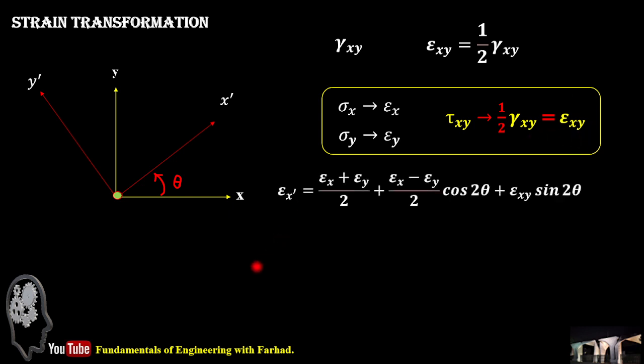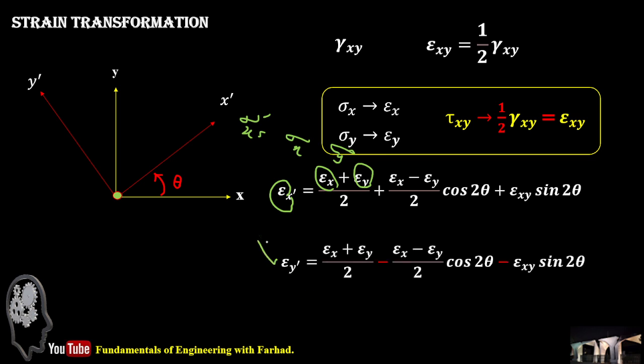And likewise, like a stress transformation, we do have epsilon prime x coming from a completely similar equation, but don't forget to replace sigma with epsilon. So where they were sigma x and y, it was sigma x prime.